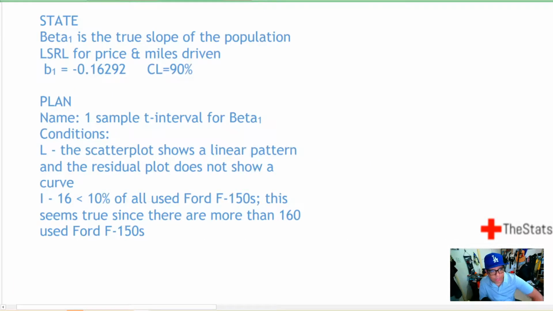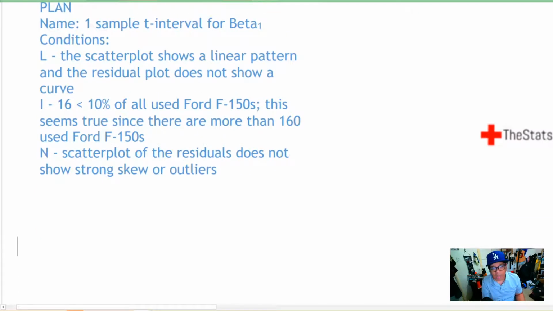For independent, our sample size 16 has to be less than 10% of all used Ford F-150s. And this seems true because there are more than 160 used Ford F-150s. So we're good with the I part. Remember that we have to use a 10% condition because we took a random sample, meaning this is not an experiment. Let's move to N, normal.